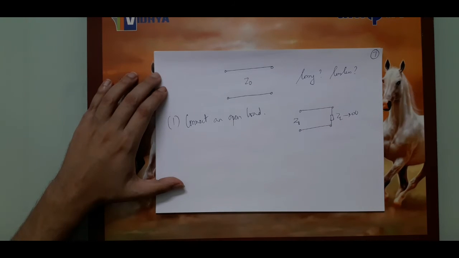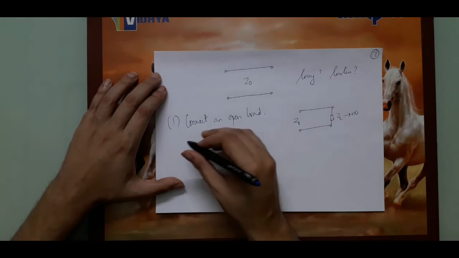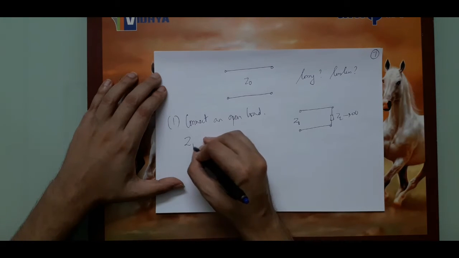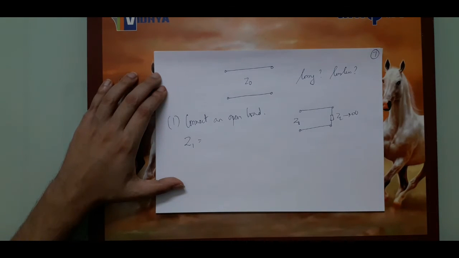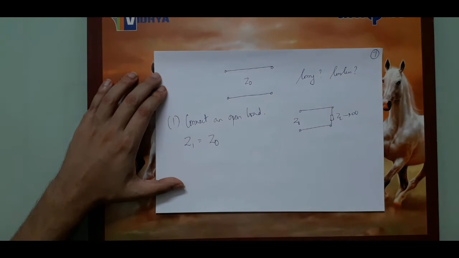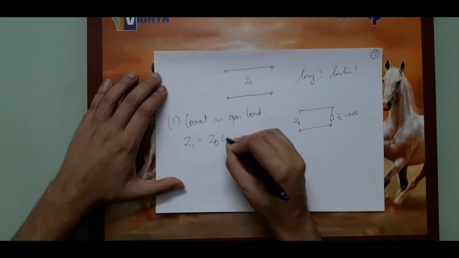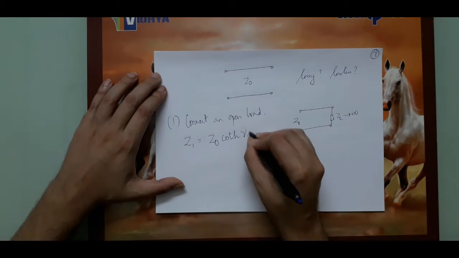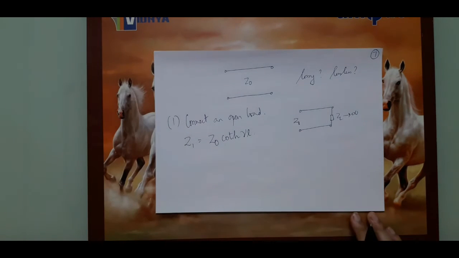So using the impedance transformation relationship, I can prove that Z1, using the hyperbolic functions, is nothing but Z0 coth(gamma L).